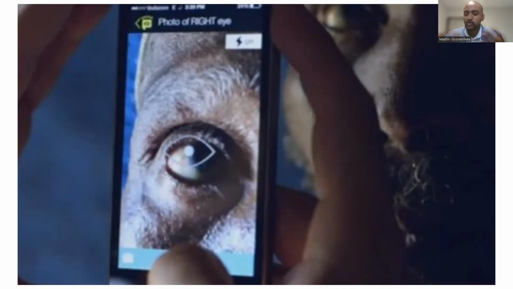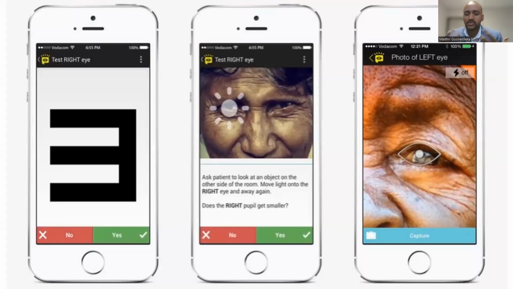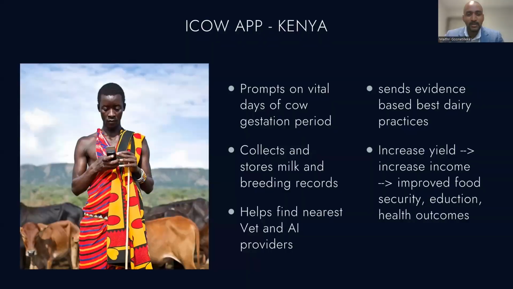So that's been transformative. If you go to the next slide, this app has been disseminated throughout the southern African region and has been really taken up very well. If you go to the next one, this is called iCow.